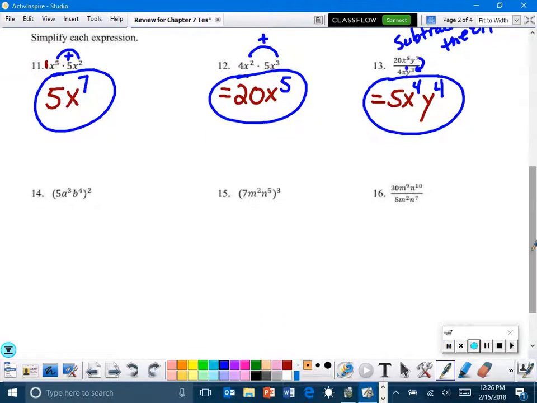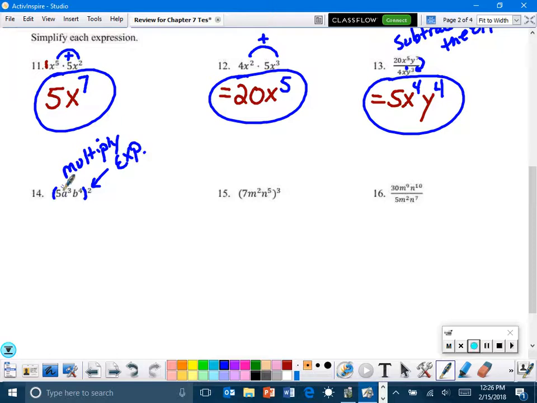Number 14. Now, in number 14, you'll notice we have parentheses. Now, this exponent on the outside goes to everything on the inside, and the rule here is to multiply. Okay, but you only multiply exponents.